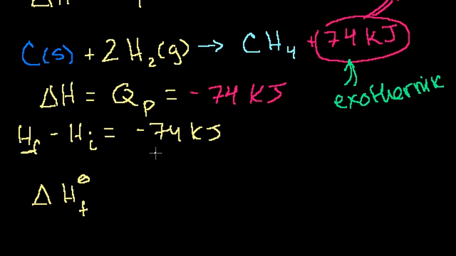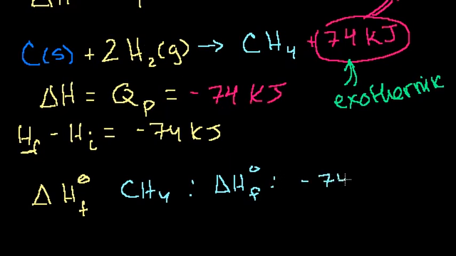So for example, if we want it for methane, if we have methane there, and we want to figure out its heat of formation, we say, look, if we form methane from its elemental forms, what is the delta H of that reaction? Well, we just learned what the delta H of that reaction was.